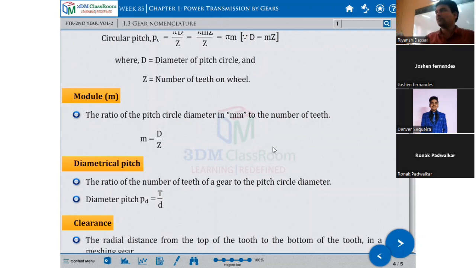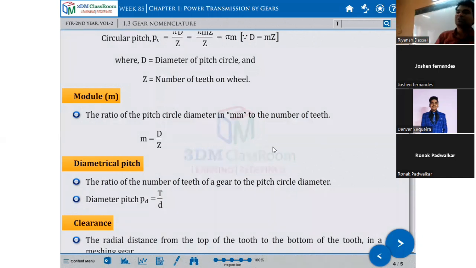If both are given, you can easily find the module m. If m and the diameter are given, you can find how many teeth are on each gear. You just multiply z by m, which equals d.